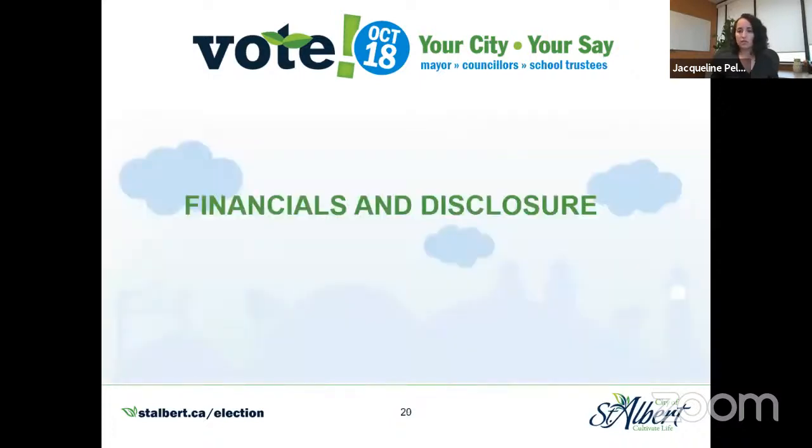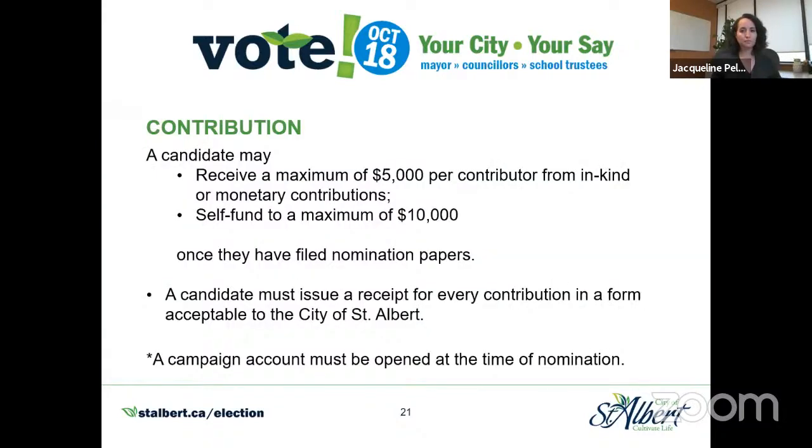All right, so the next section covers candidate campaign financials and campaign disclosure. Just to do a quick review, contribution includes any money, personal property, real property, service. It also includes payments on loans and fundraising functions. Another thing to review, contributions can only be made by an eligible contributor, and they have to be an individual and they have to be an Alberta resident.